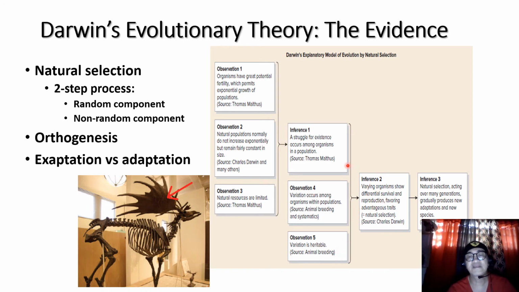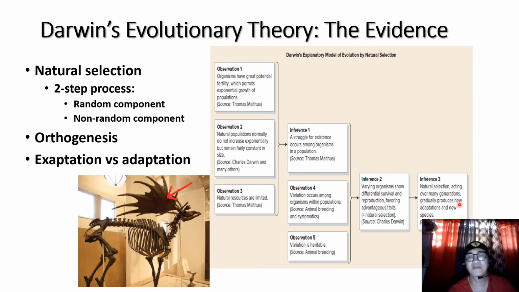The inferences from these observations led him to the second inference, in which varying organisms show differential survival and reproduction, favoring adaptations or other advantageous traits, which leads to natural selection.